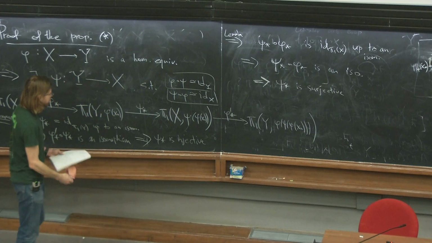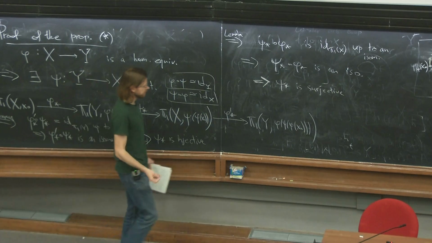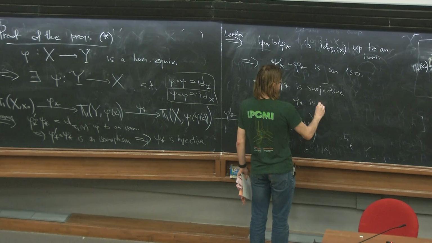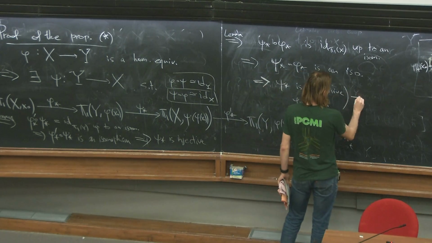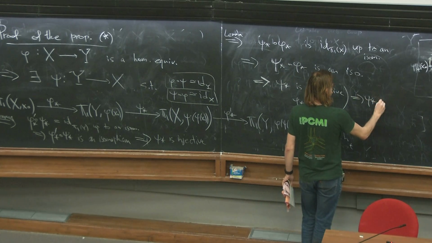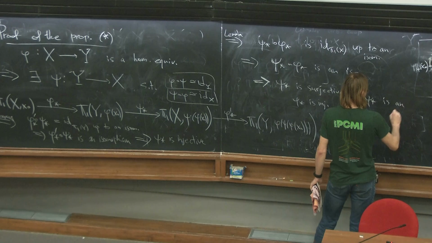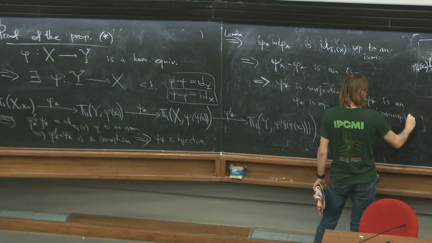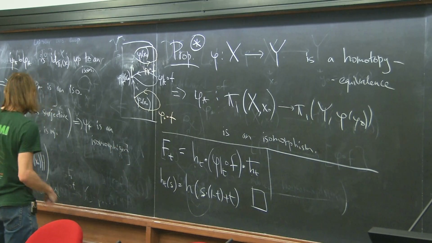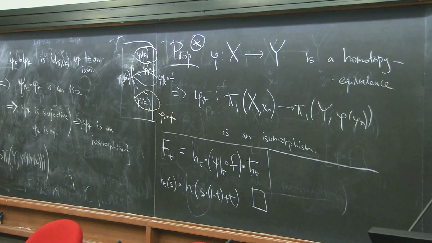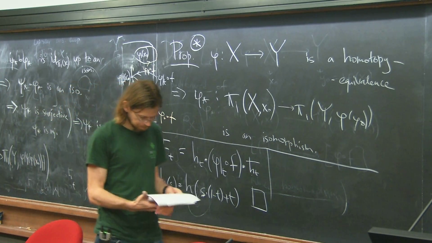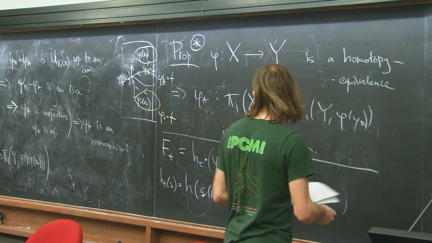So this shows that psi star is both injective and surjective, and this means that it's an isomorphism, because a homomorphism which is both injective and surjective is an isomorphism. Any questions?